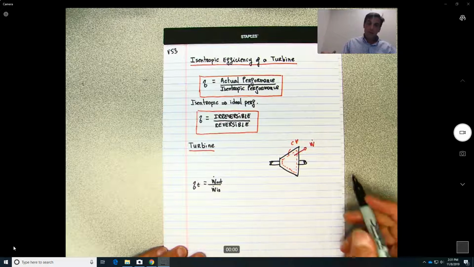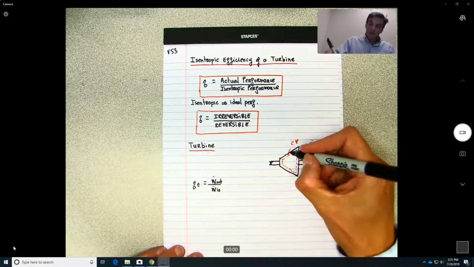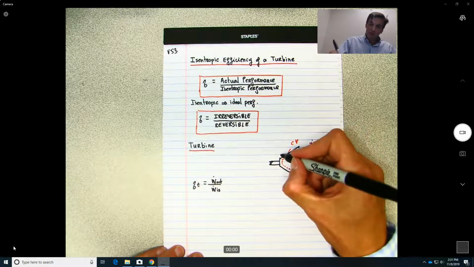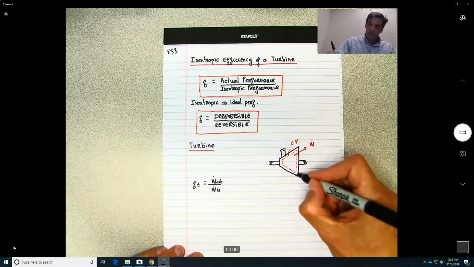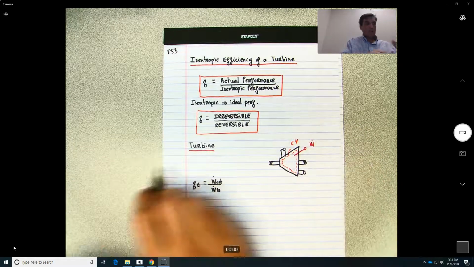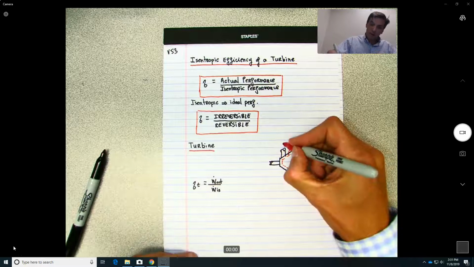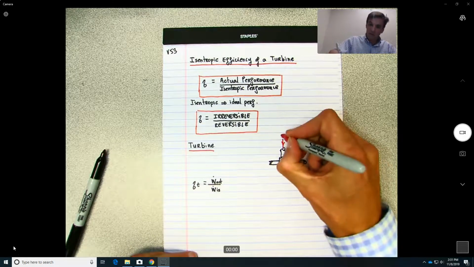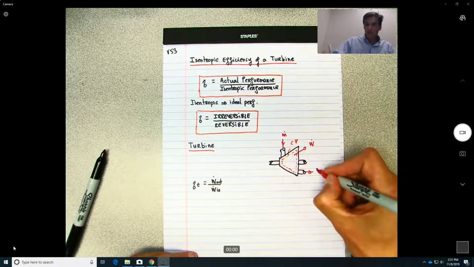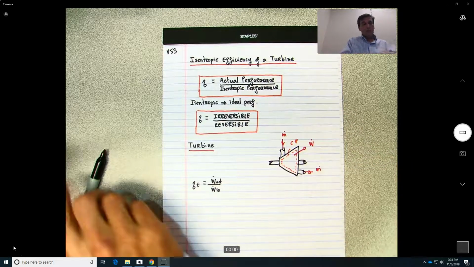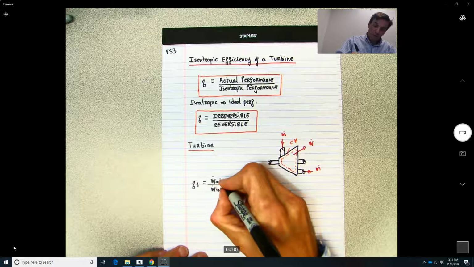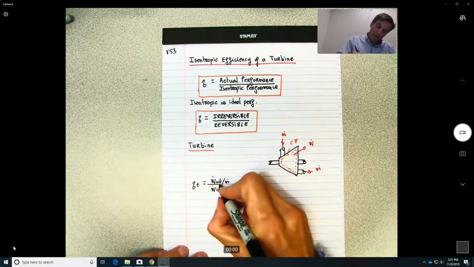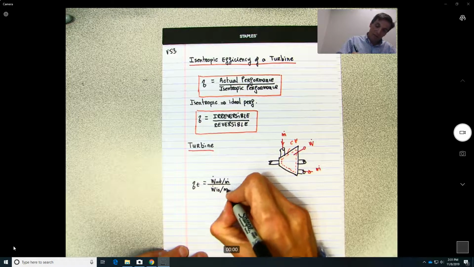All right. So in general, in these problems, for the turbine there is always some type of mass flow coming in or out. So in most cases, the definition is given in function of mass flow as well. So you have this divided by the mass flow.